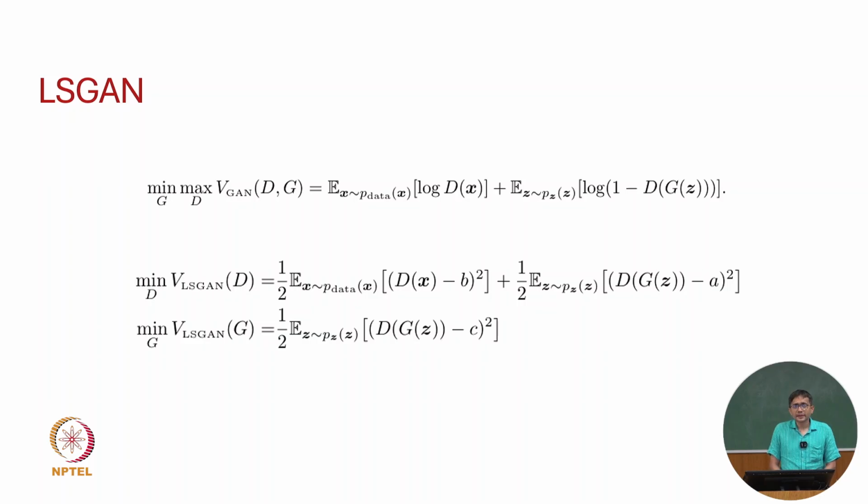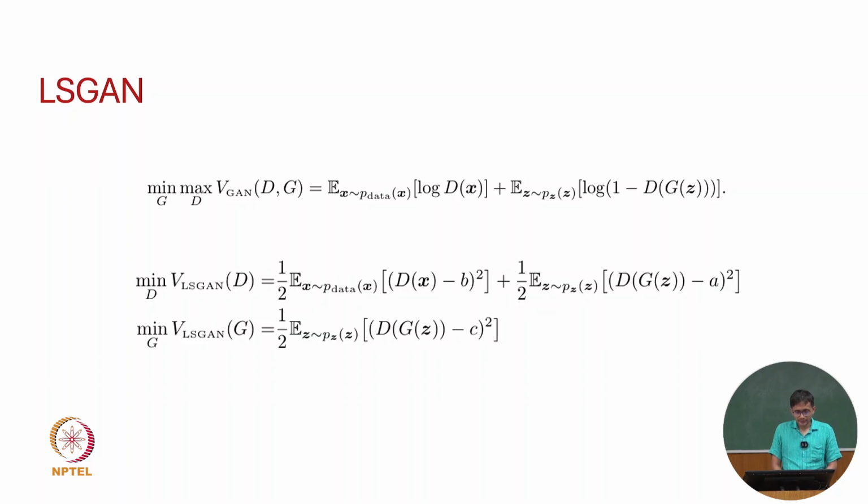Now take a moment to think about this. What would be the ideal value of these A, B, C according to the equations that we have written here? The first equation is with respect to the discriminator, right?